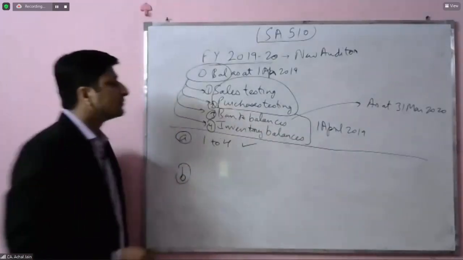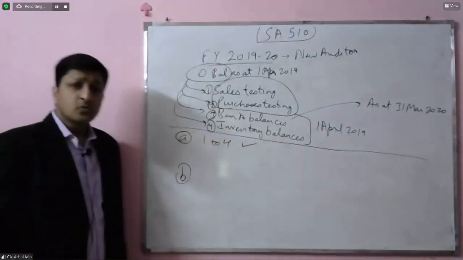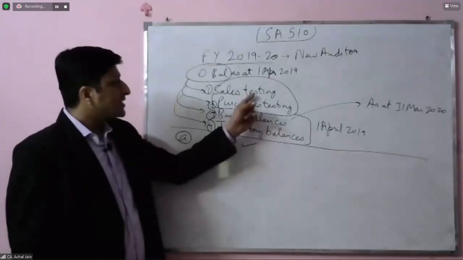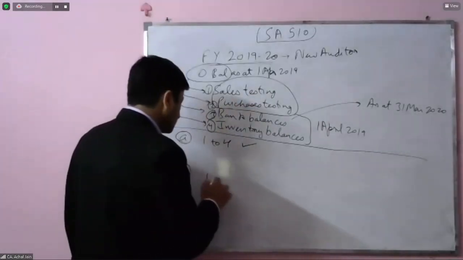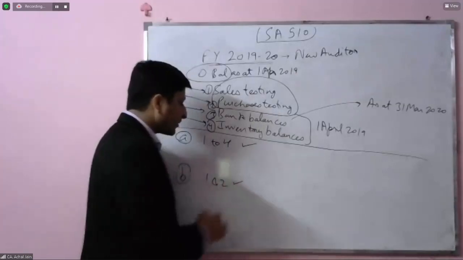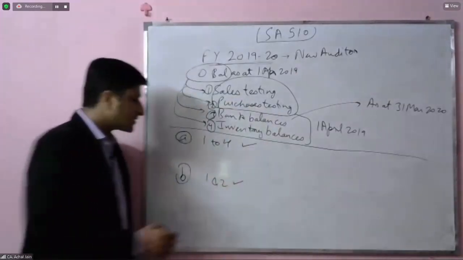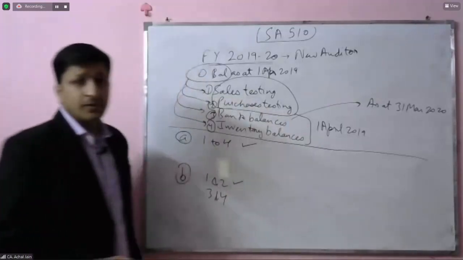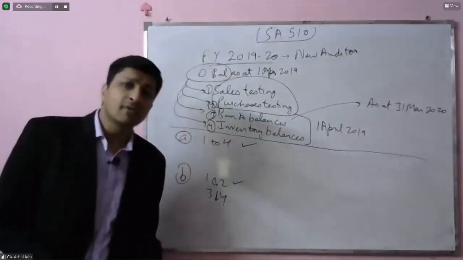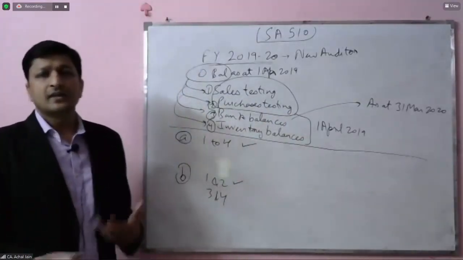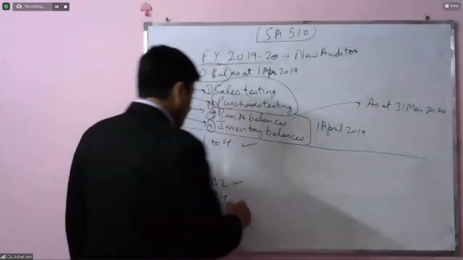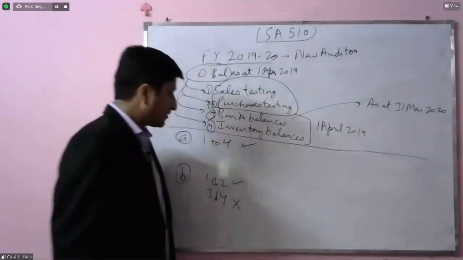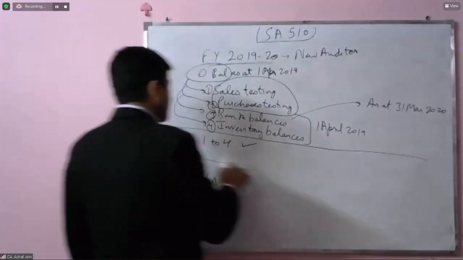Option number 2 says that as regards 1 and 2, this seems to be okay, but as regards 3 and 4, this doesn't seem to be okay, because this appears to be more of duplication. So that's why this should be avoided by the auditor. Another option.